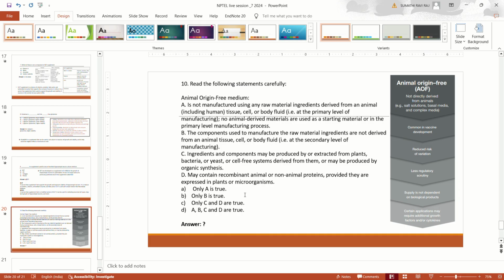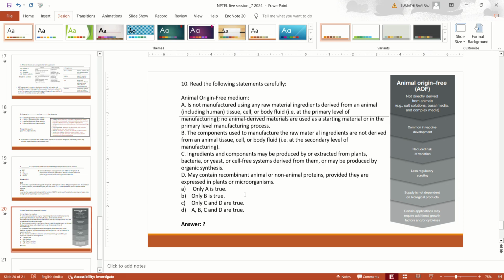A. Is not manufactured using any raw material ingredients derived from an animal tissue, cell, or body fluid. That is at the primary level of manufacturing. No animal-derived materials are used as starting material or in the primary level manufacturing process. B. The components used to manufacture the raw material ingredients are not derived from animal tissue, cell, or body fluid.